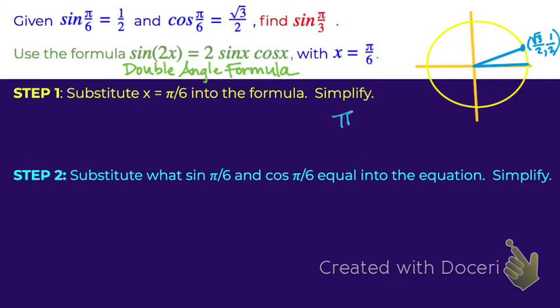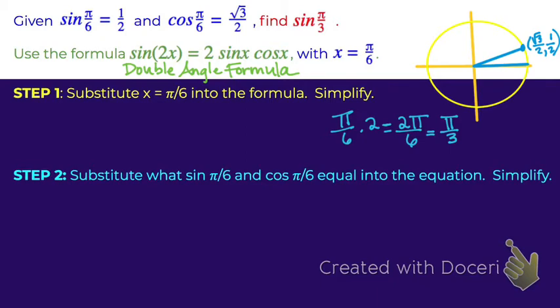Pi over 6 times 2 is 2 pi over 6, which is the same as 1/3. So this is 1 pi over 3. So yes, pi over 3 is double the size of pi over 6. So that's why we're using this formula.